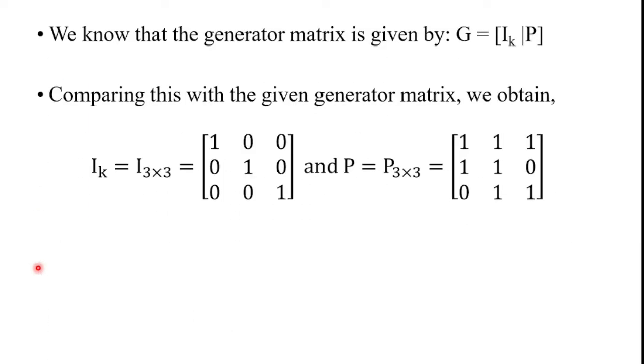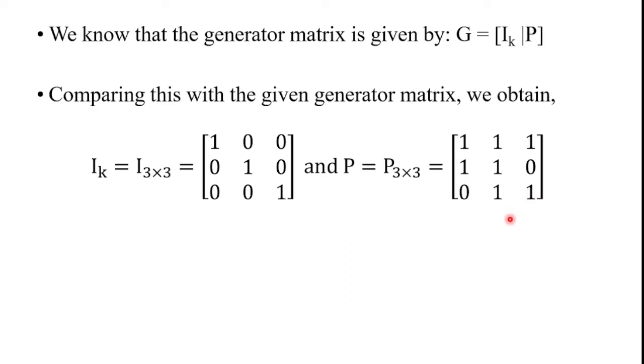So I_k is of order 3 by 3, 1 0 0, 0 1 0, 0 0 1, and the quotient matrix P is 1 1 1, 1 1 0, 0 1 1.